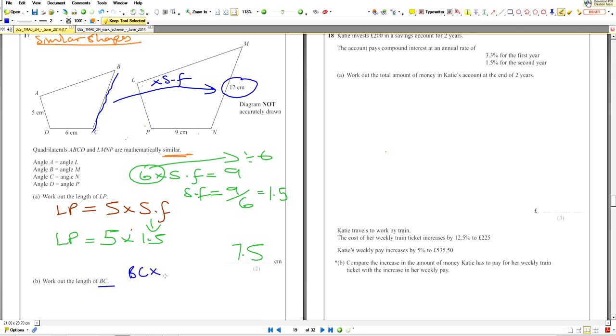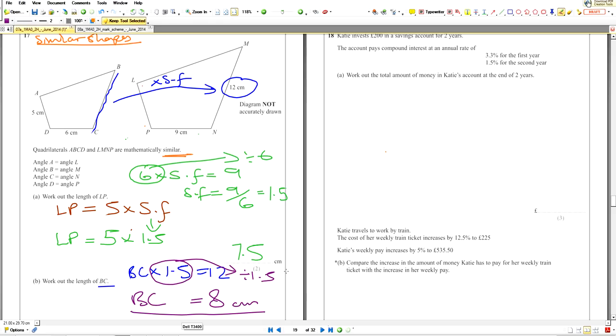What is the scale factor? 1.5. Still 1.5, is equal to 12. So to work out BC, what do we do with the scale factor now? We have to take it over to the other side and divide. The opposite of times by 1.5 is divide by 1.5. So BC is equal to 12 divided by 1.5, which gives us an answer of 8 centimeters. Lovely.